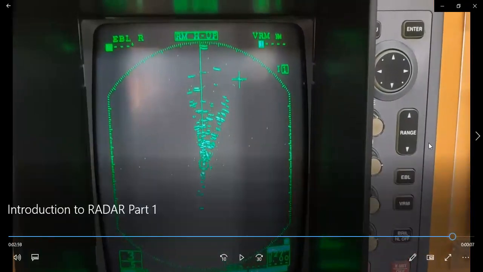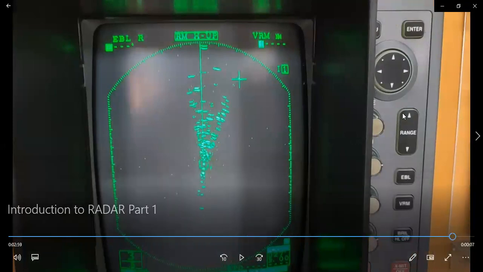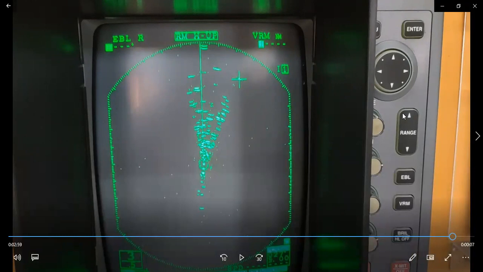By the way, with this range control, you can set the maximum distance of what it is observing. It actually sets the PRI. When you have a longer range of detection, then your PRI is longer.